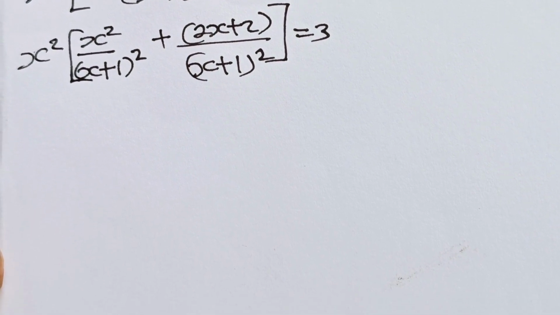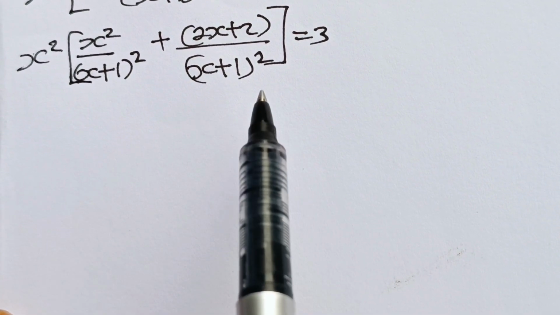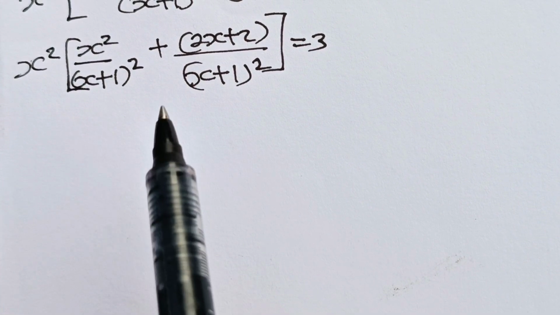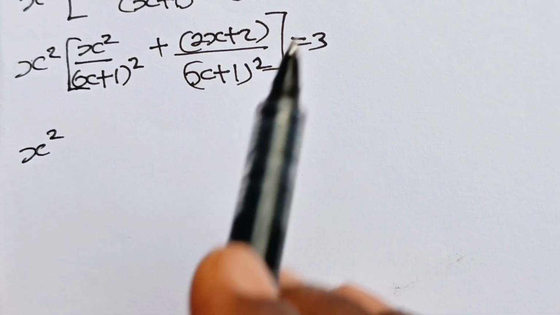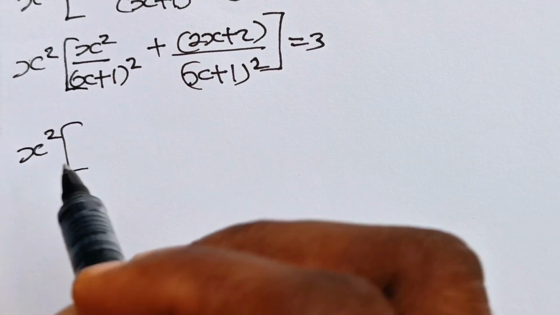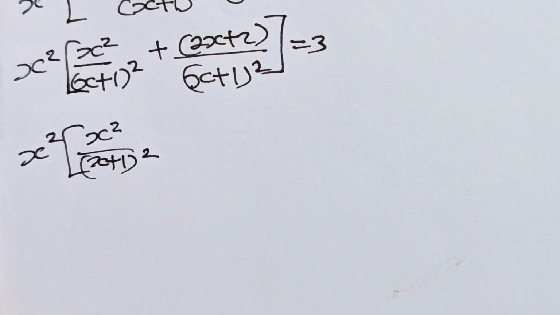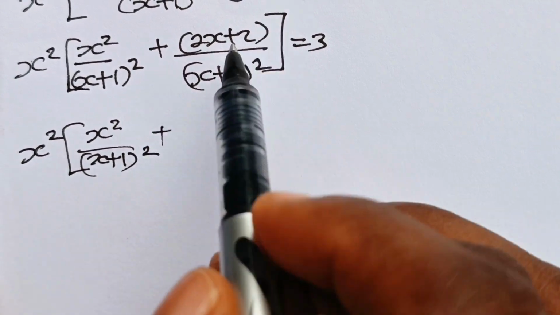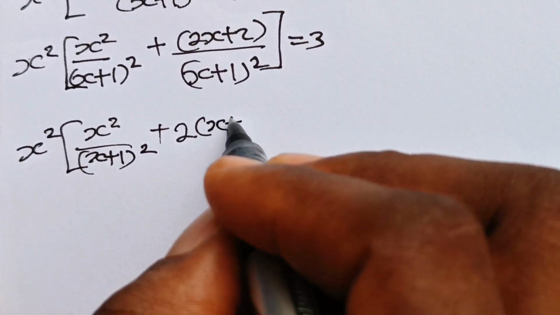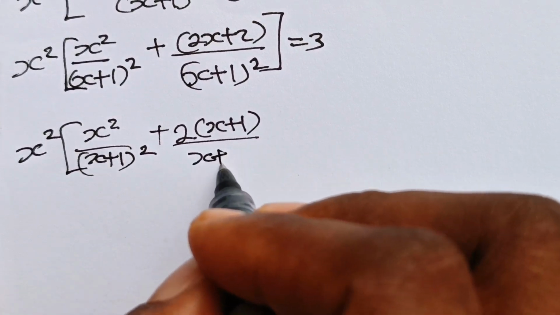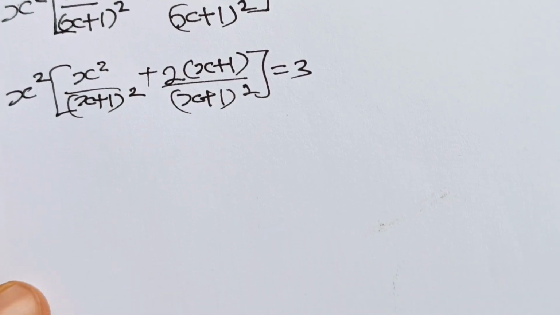Now, when you look at this, we can actually see something here, right? Okay, so we have x to the power of 2. I'm talking of this place. We open our bracket. This is x squared divided by x plus 1 squared, okay? Plus, now we can factorize 2 from here. So we have 2 brackets x plus 1 divided by x plus 1 squared, okay? This is equal to 3.